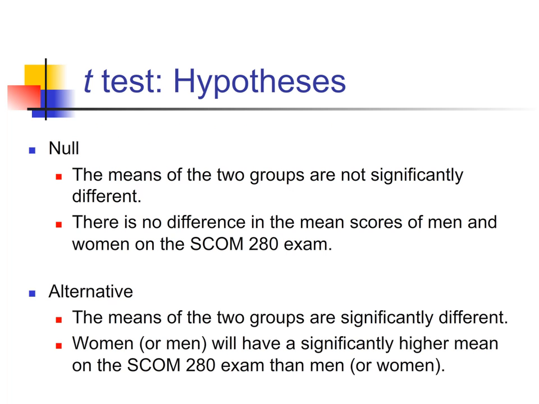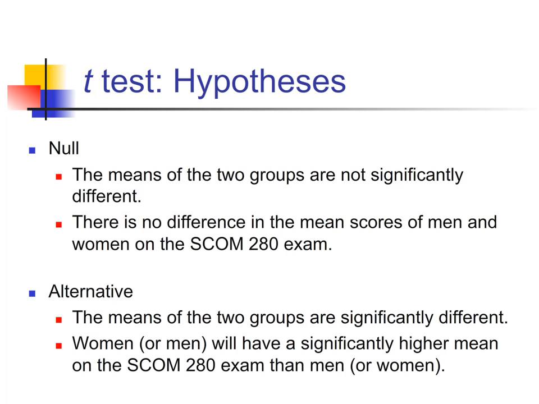You can see examples of t-test hypotheses here. The means of two groups are not significantly different is the general null hypothesis for any t-test you would do. In our example, there is no difference in the mean scores of men and women on the 280 exam. Now, that's the null hypothesis, suggesting no relationship.